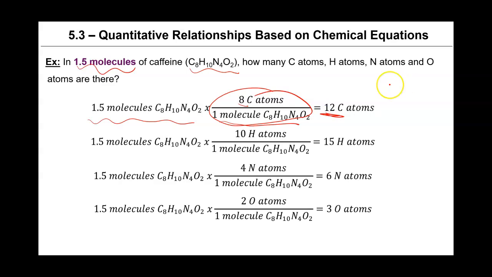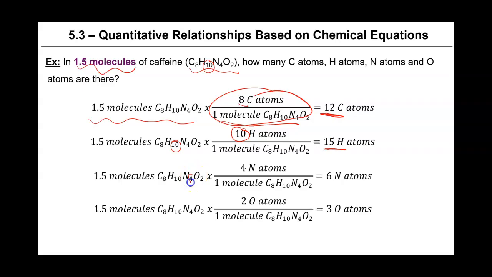And I'm going to go through and do the same all the way through. And I'm just building my conversion factors from the formula subscripts. So if I've got 1.5 molecules of caffeine, I know that I will get 10 hydrogen atoms for every 1 molecule of caffeine. Therefore, I have 15 hydrogen atoms in my 1.5 molecules.